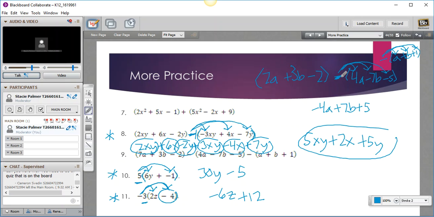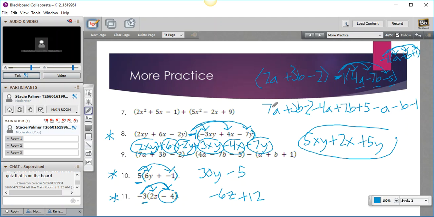If there's a minus sign in front, basically it's going to change all of the signs of the terms inside the parenthesis to the opposite sign. And then we have negative 1 times a, which will be negative a, negative b, and then negative 1. Okay. And then we also have our 7a plus 3b minus 2.